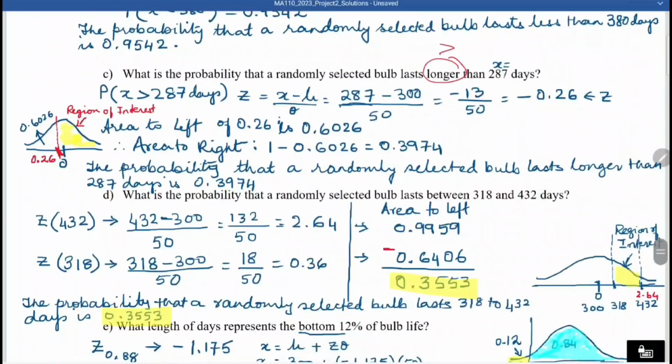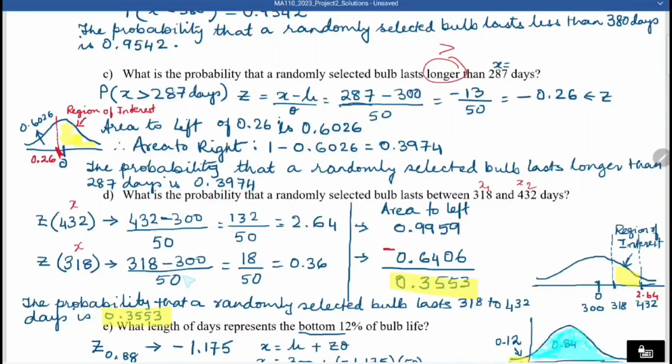And finally, they want us to find the area between two values. Here the x values are 318 and 432, x sub 1 and x sub 2. So we have to find two z values: one when the x value is 432, and secondly, when the x value is 318, what is the corresponding z value?